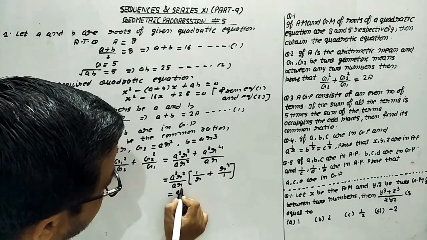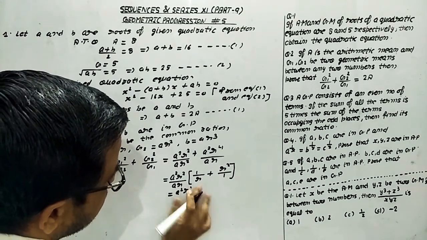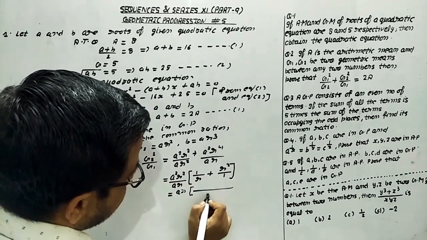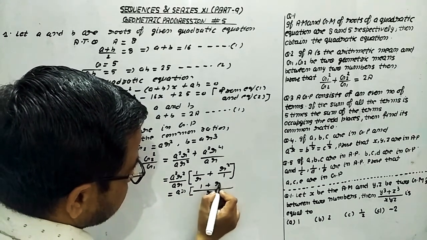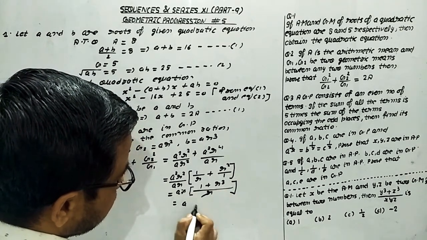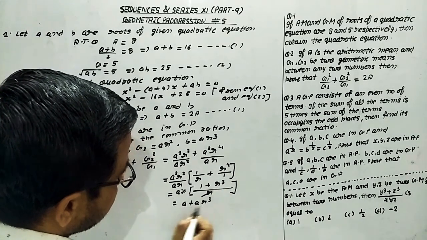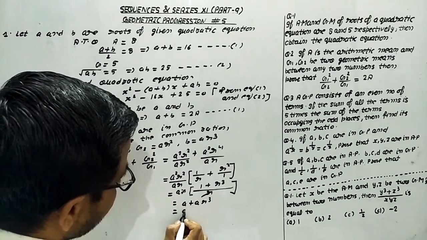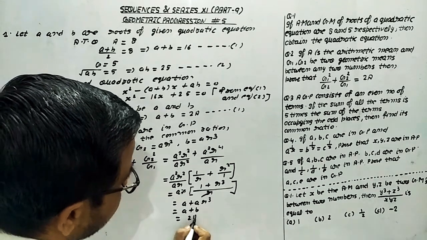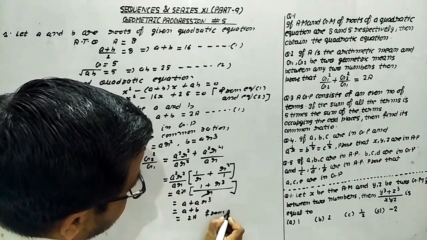It means this becomes A square R square, which is AR, and after taking LCM R, this becomes 1 plus R cube. R cancels out. Multiply this: A plus AR cube. What is A? A is A only. AR cube means B, and A plus B is 2A, from equation 1.